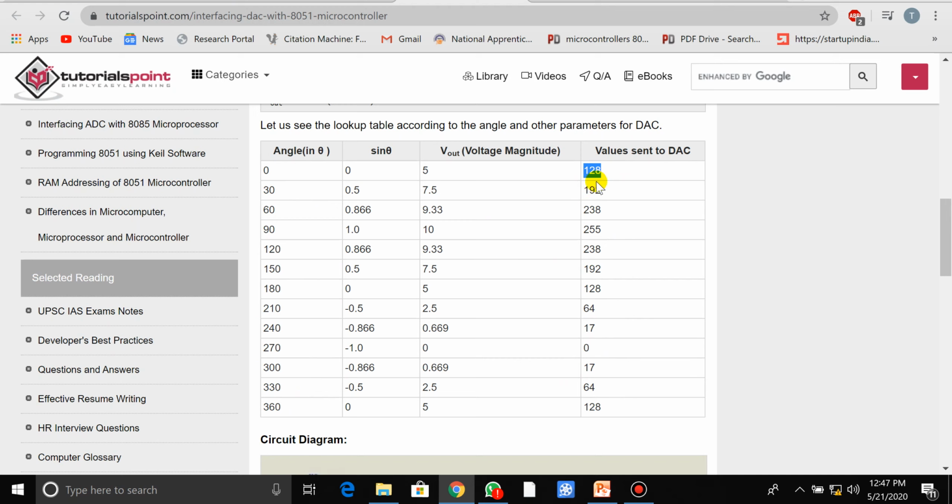Initially it will increase, see here, 128, 190, 192, 238, like that. It will increase, then decrease. Here to here it is the positive cycle, here to here the negative cycle.